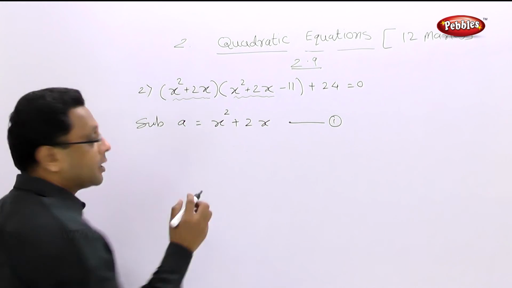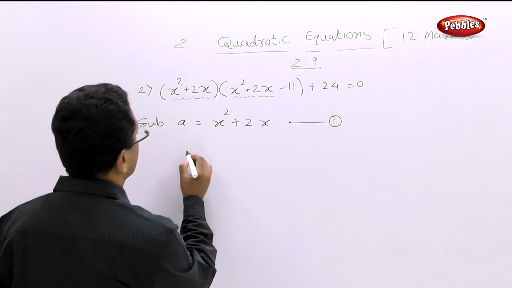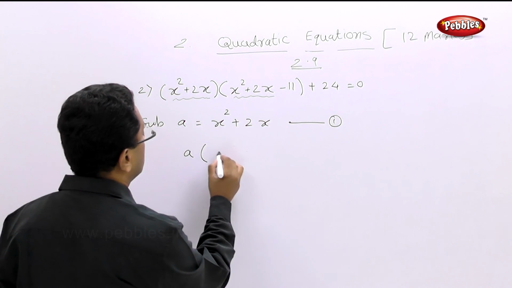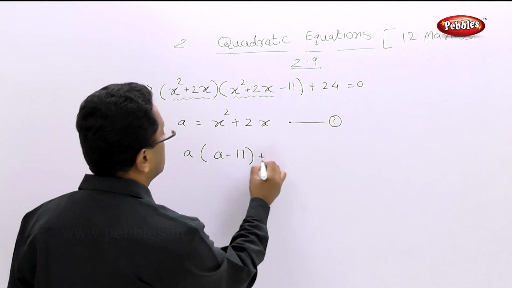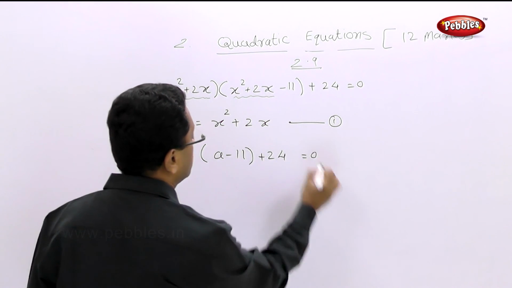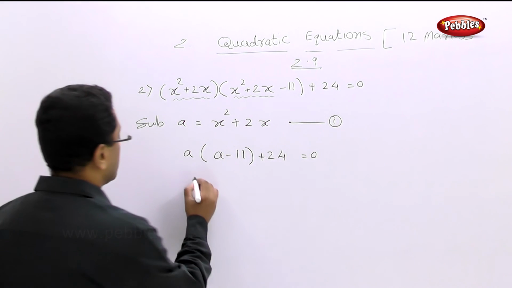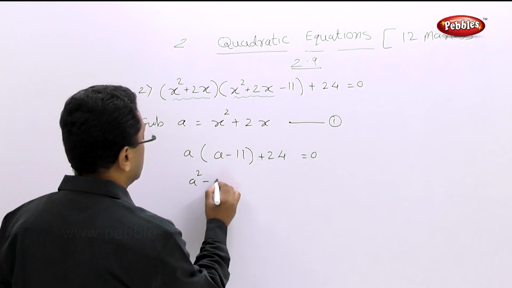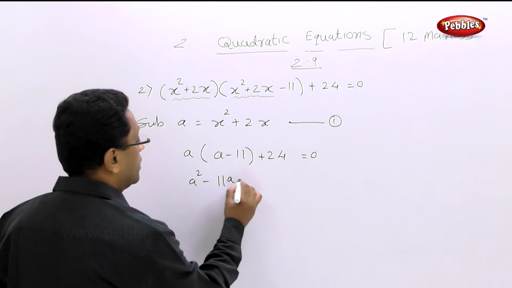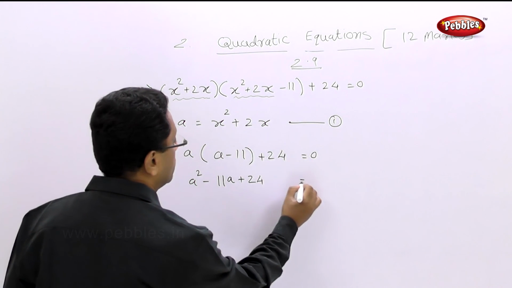Now after substituting, what will I get? a into a minus 11 plus 24 equal to 0. Now you solve the bracket. Okay, so I'll get a square minus 11a plus 24 equal to 0.